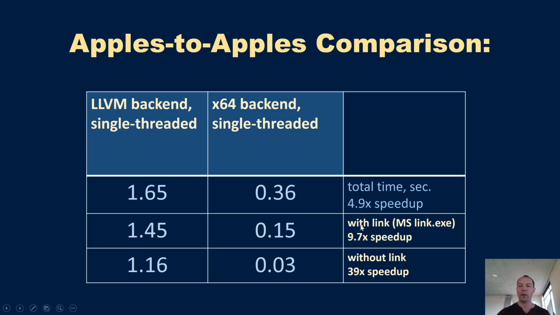If we're waiting for the linker and counting that, we get about a 9.7, almost 10x speed up over the LLVM backend. And if you're only counting the code generation part of the backend and not the linker, then we're about 40 times faster. And these numbers make more sense to me, more along the lines of what I would expect. So I'm happy to report that.